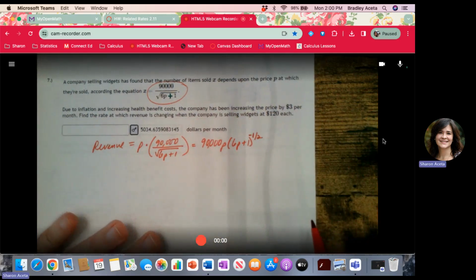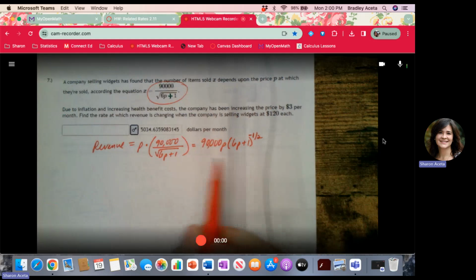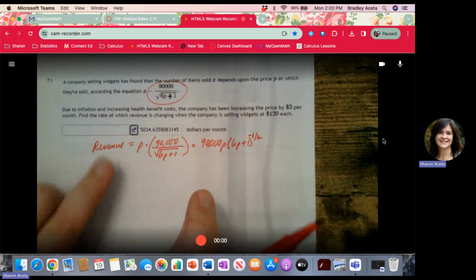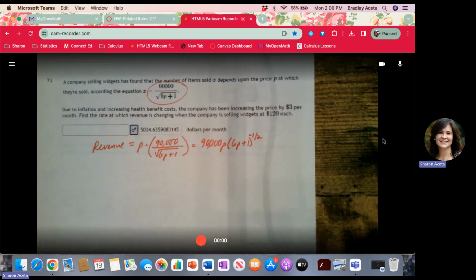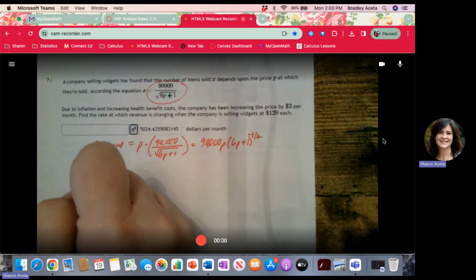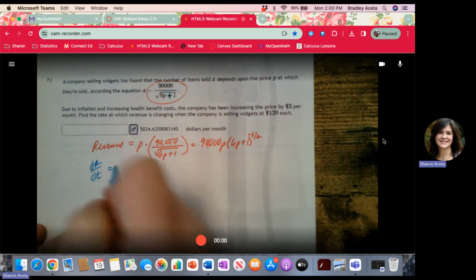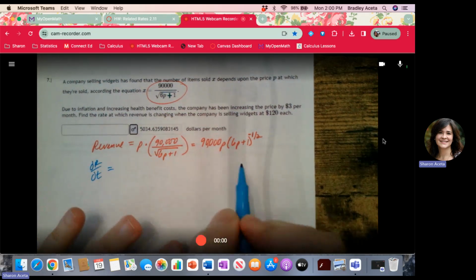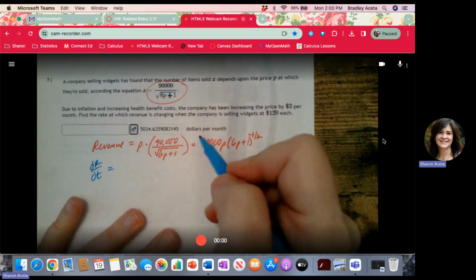Okay? Now, I'm going to take a derivative of this. And remember, it's R, so that derivative of R would be dr dt. Now this is a product rule because we have two functions going on at the same time.